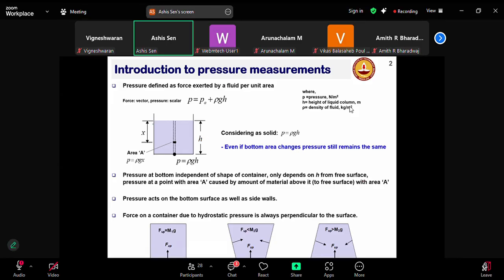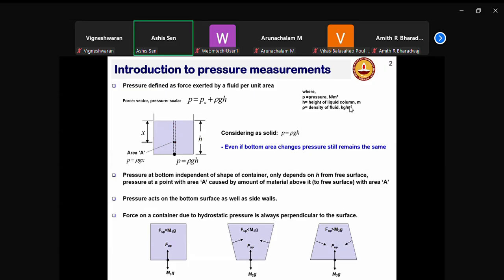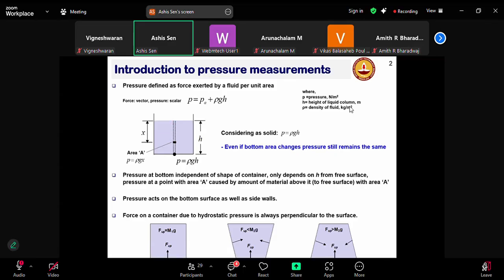Let's say you take some fluid in a container and you pick a very small area of cross section here, and if the distance in the vertical direction is x and area of cross section is a, you can always say that the weight of this fluid is basically density times volume times gravity, right?